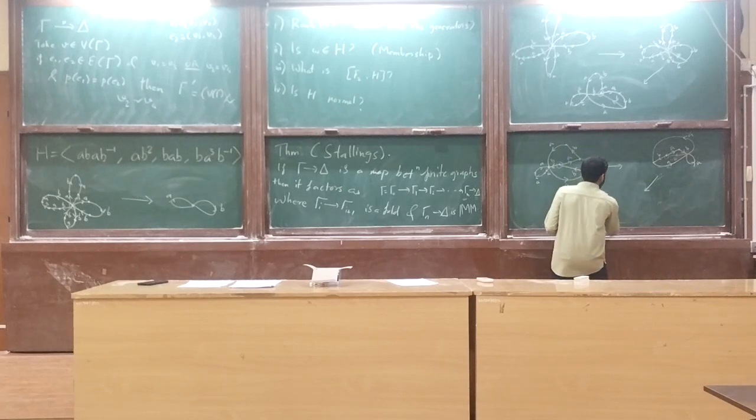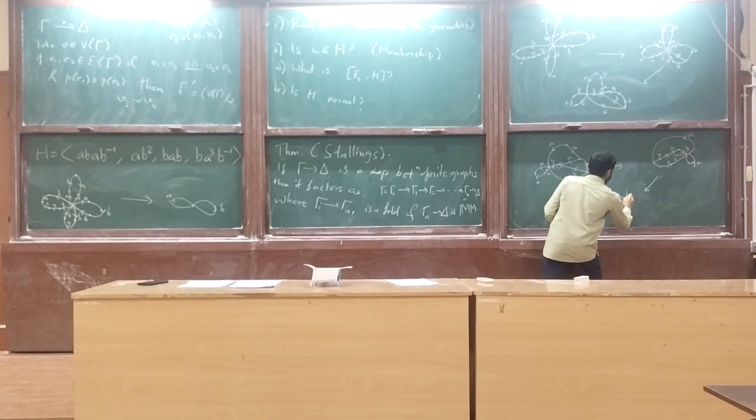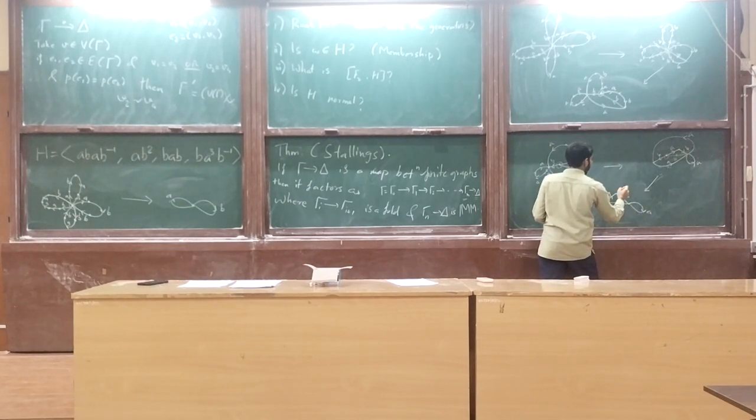So this turns into, there is an A going here, there is a B going here, there is a B coming back here, there is a loop here, and this B is coming here.